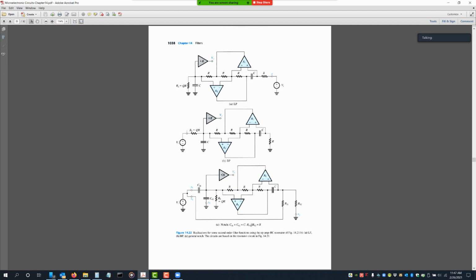Okay, so those are realizations of active filters based on the inductance simulation circuit and prototyped after a second order LRC resonator. That would be the right way of referring to those circuits. Any questions?